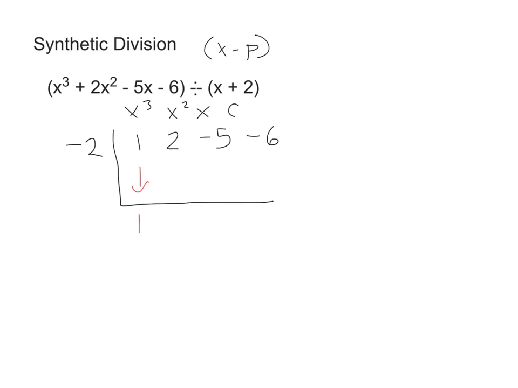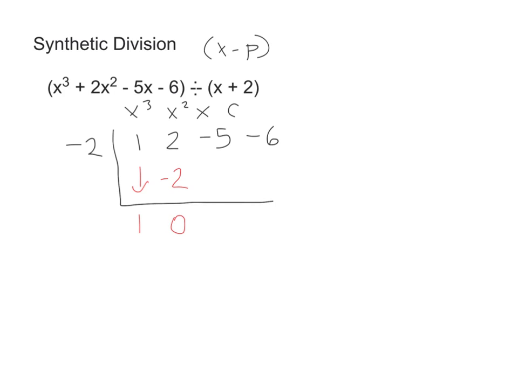So multiply this number by this number, and the answer goes up there. So negative 2 times 1 is negative 2. Now you're going to add those two numbers together. So negative 2 plus negative 2 is 0.